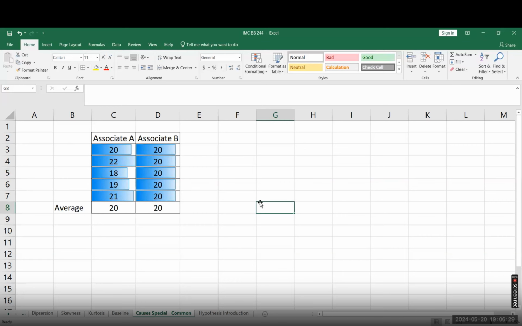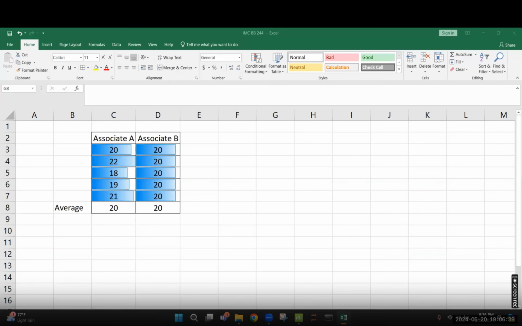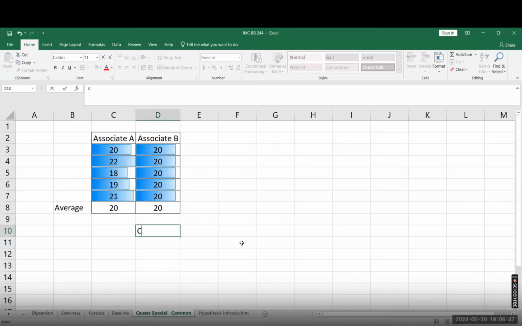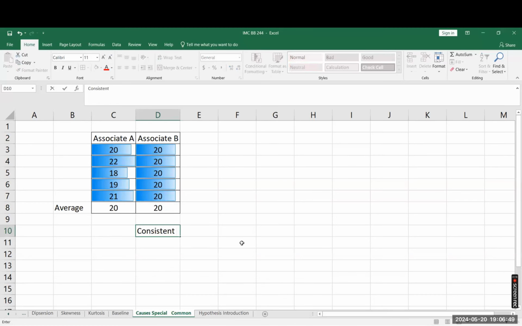Yes, Musabin, you can speak. Am I audible? Yes, you are audible. Sir, I would select associate B, the reason being the data is very consistent and there is no chance of variation. Yes, you are absolutely correct. This data is consistent, or we'll say no variation.